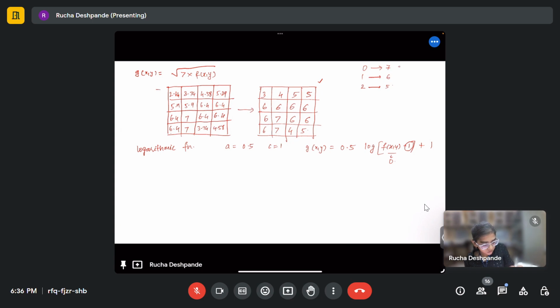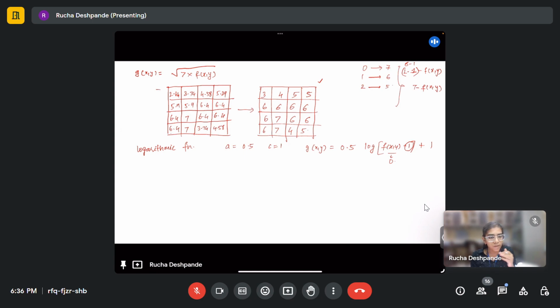Mathematically, it will be L minus 1 minus f of x comma y, where L is the total number of brightness levels available. So here it will be 8 minus 1. So this is 7 minus f of x comma y.